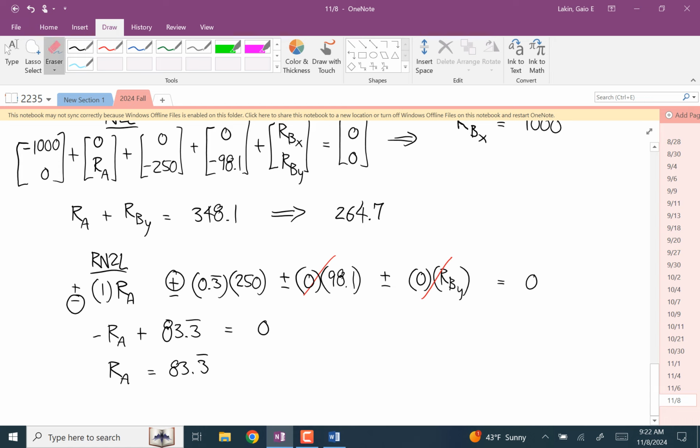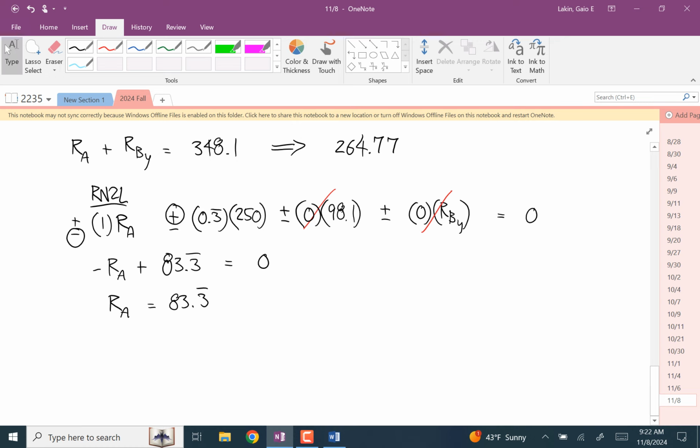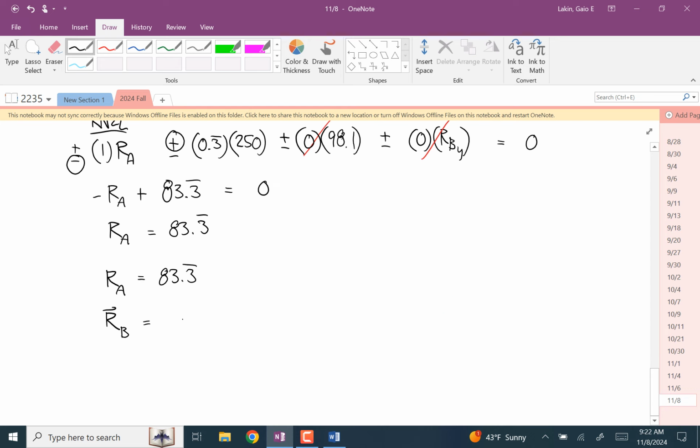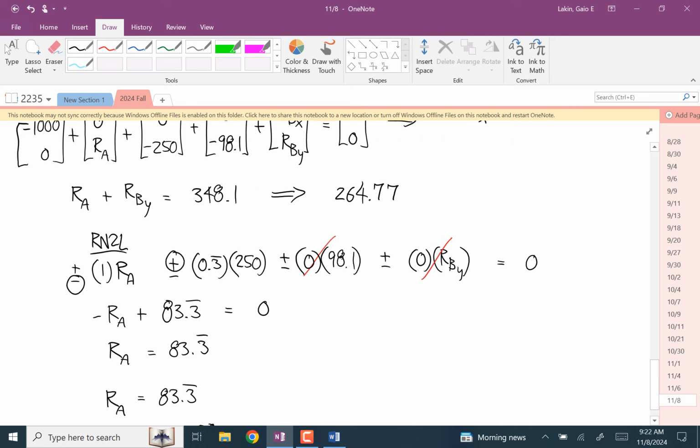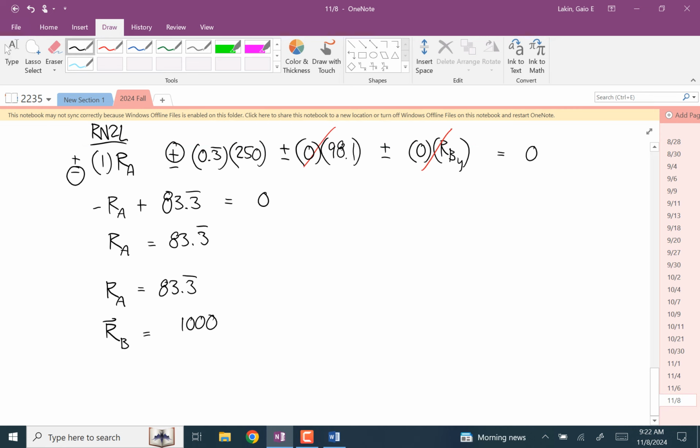I'll just call it 77. Okay, so we have that our RA is 83.3, and our RB is positive 264.77.